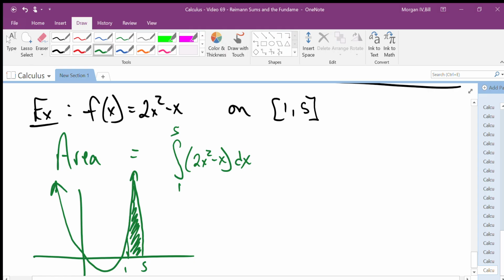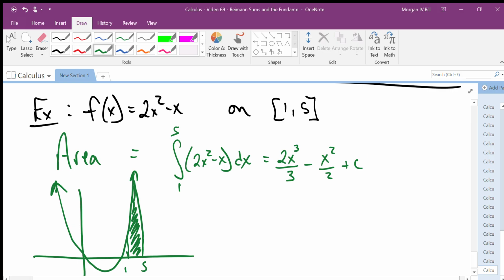What we're going to do is use our knowledge of antiderivatives to take the antiderivative of that function. That would be 2x to the power of 3, divided by 3, minus x squared divided by 2, plus c.